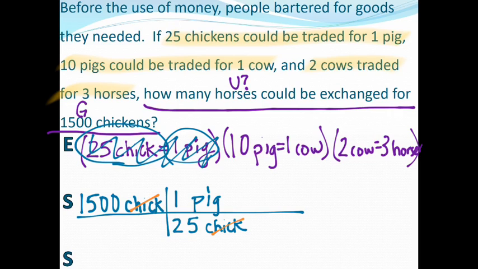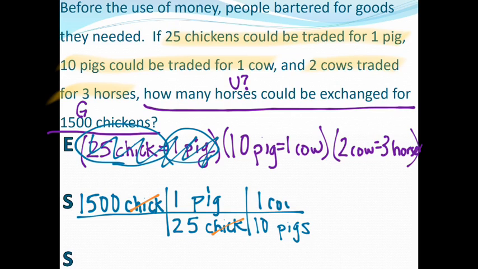We're not done yet. And my goal in this next conversion factor is get rid of pigs. I want horses, not pigs. And as I'm looking around, I don't have anything that can get me directly there. But this next equation will get me a little bit closer because it has pigs. I can put those 10 pigs on the bottom to cancel out with the pig that I have on top.